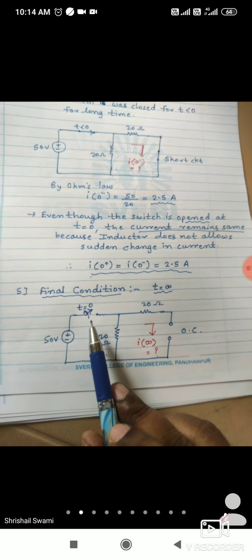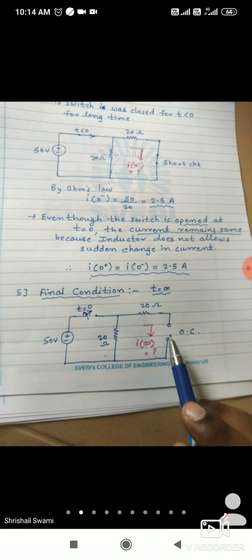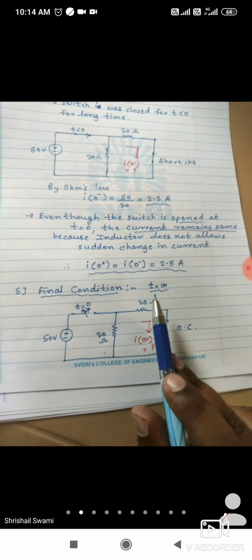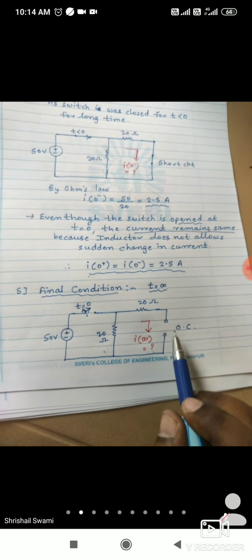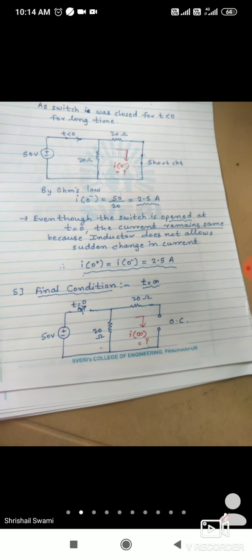Supply is not connected, meaning here is an open circuit, and the inductor has become open due to the final condition. So as t is equal to infinite, the inductor will act as an open circuit. Do you understand?